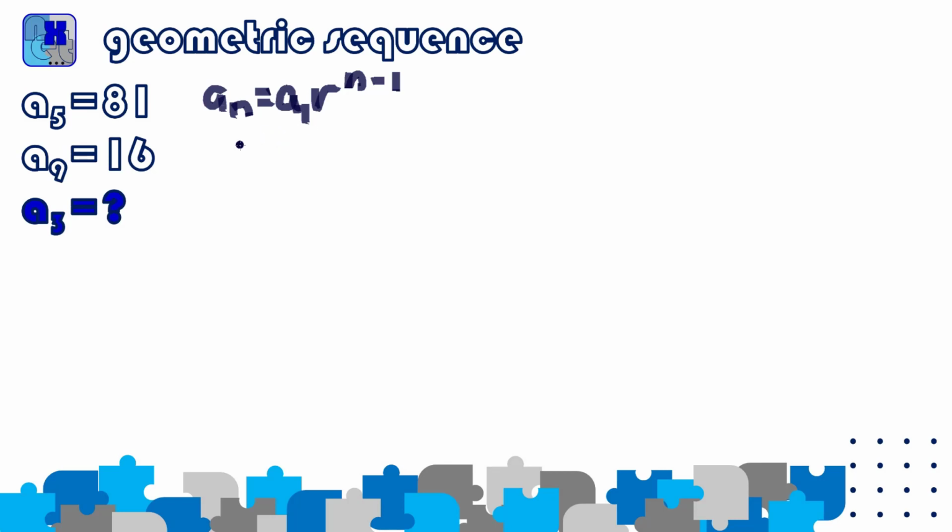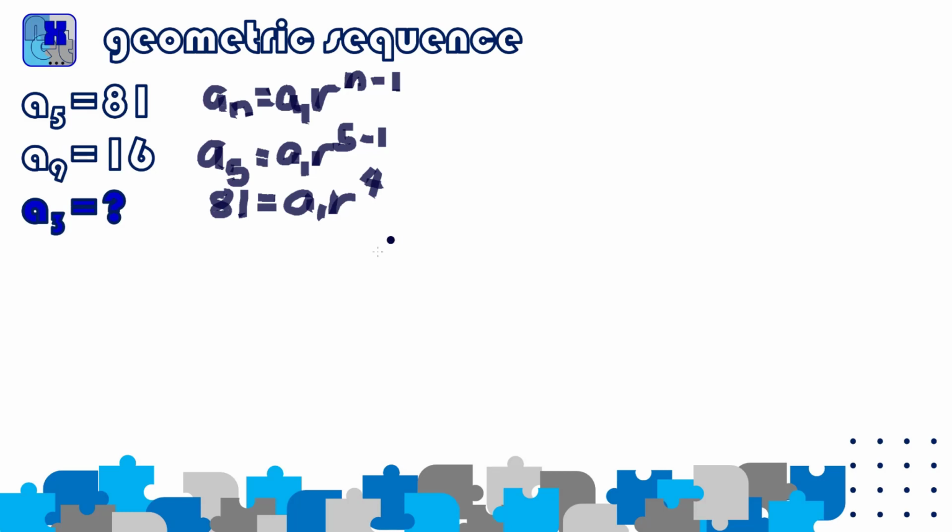Because when we are going to solve for the third element or the third term, we need both of them. Now, if it's a sub 5 or the fifth term, it is similar to this notation, a sub 1 r to the power of 5 minus 1. So that would mean 81 is the result when we multiply our first term, which we don't know yet, and our common ratio to the power of 4.